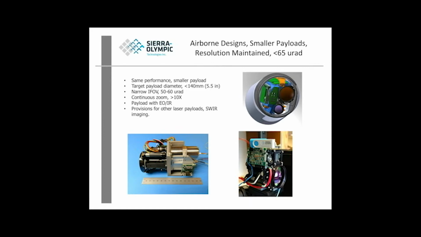And so we're achieving narrow field of view in the 50 to 60 microradian range and continuous zoom with 10x, and doing at least EO and IR, and then provisions for other payloads, being SWIR or other laser payloads in future developments. So we achieve this with smaller pixels and thus smaller optics.